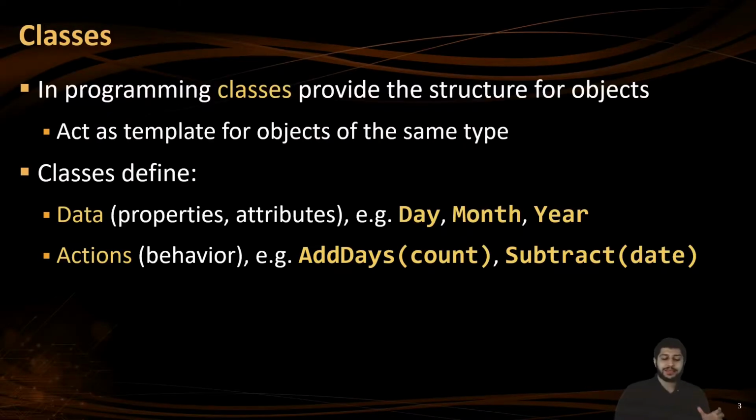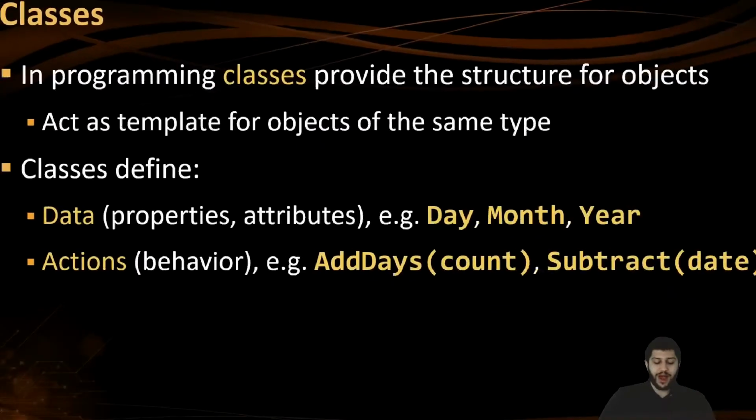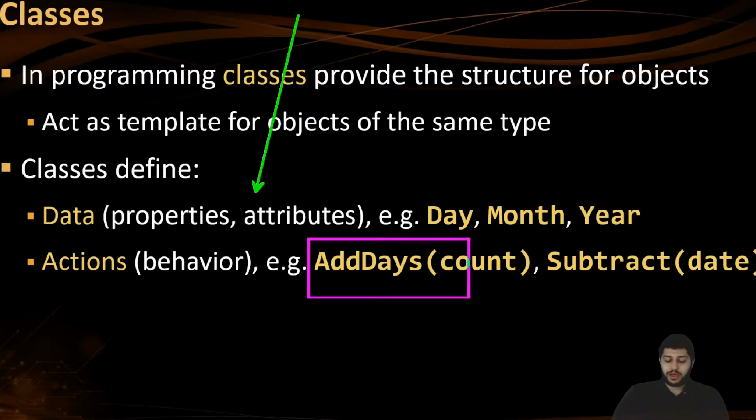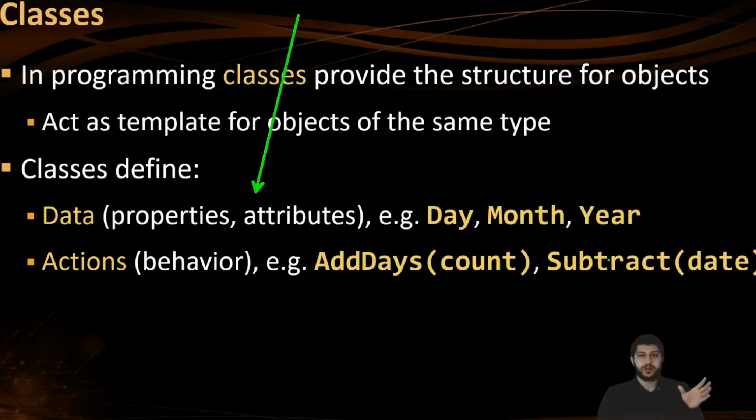Now, as I said, objects or classes can also define behavior. Instead of only defining properties and attributes which a certain concrete object needs to have, classes, the templates, can also define specific behavior. And this behavior can be, for example, add days, subtract a date, and this is an example of the DateTime behavior we can have.